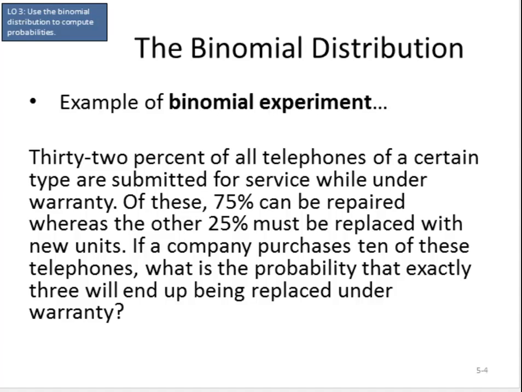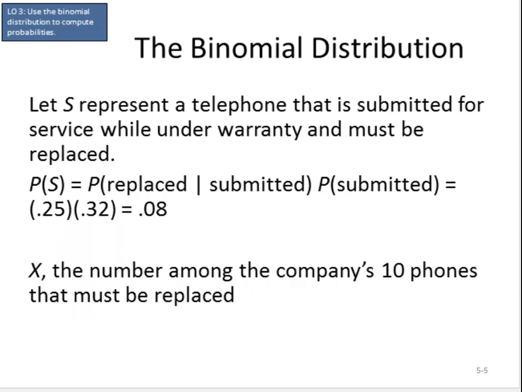So we're going to figure out a few numbers. We're going to let S represent a telephone that is submitted for service while under warranty and must be replaced. So now we need to figure out what's the probability of this happening. You would calculate it as the probability that it is submitted and it has to be replaced, and that's 0.25 according to the problem. And the probability that a phone has to be submitted under warranty, that was the first line in the problem.